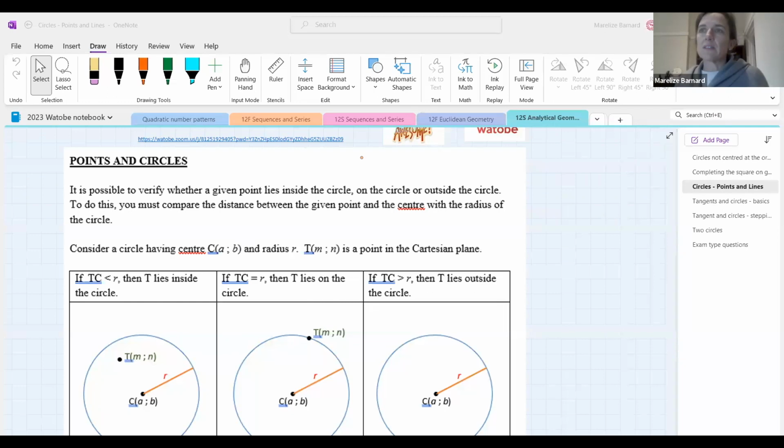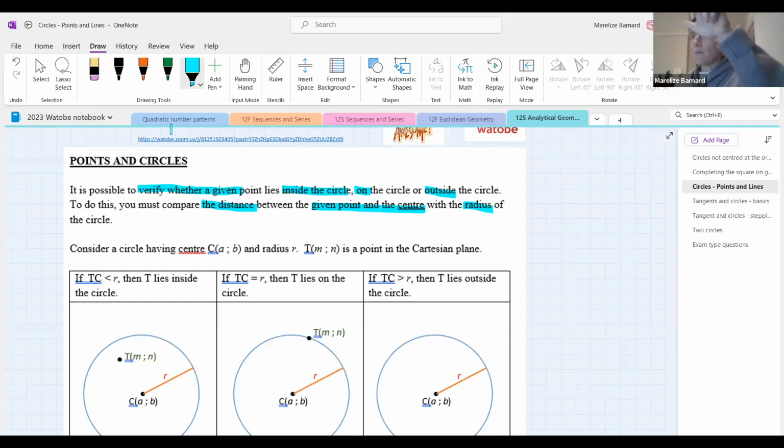So that's what this little bit here basically says: it is possible to verify whether a given point lies inside the circle, on the circle, or outside the circle. And we are going to do this by comparing the distance between the given point and the center with the radius. So that distance between the point and the center, we're going to see how that compares to the radius.